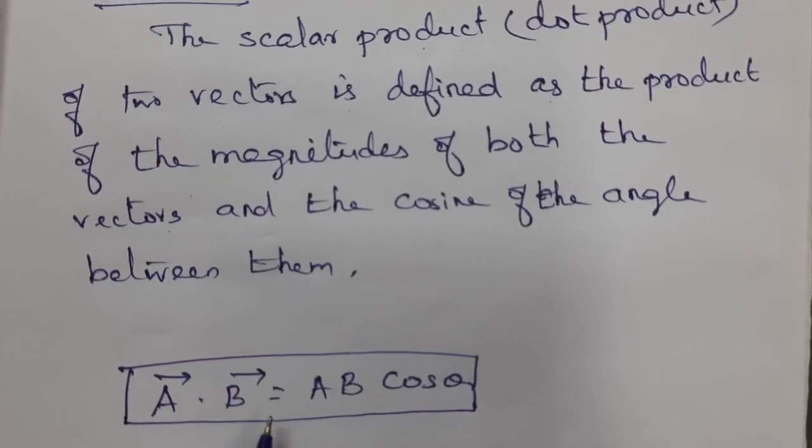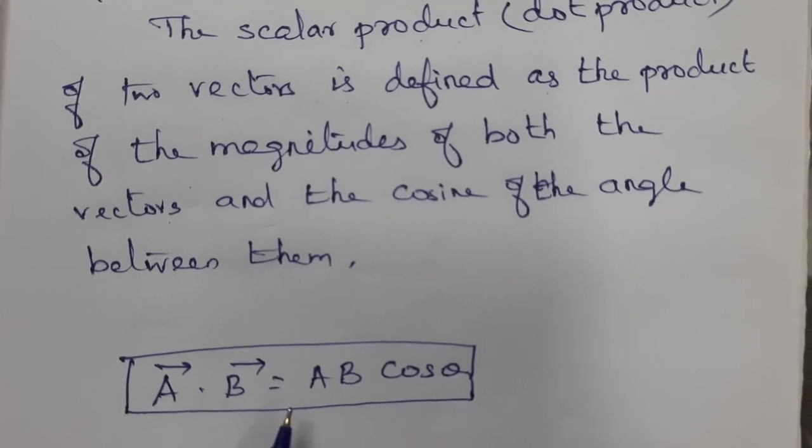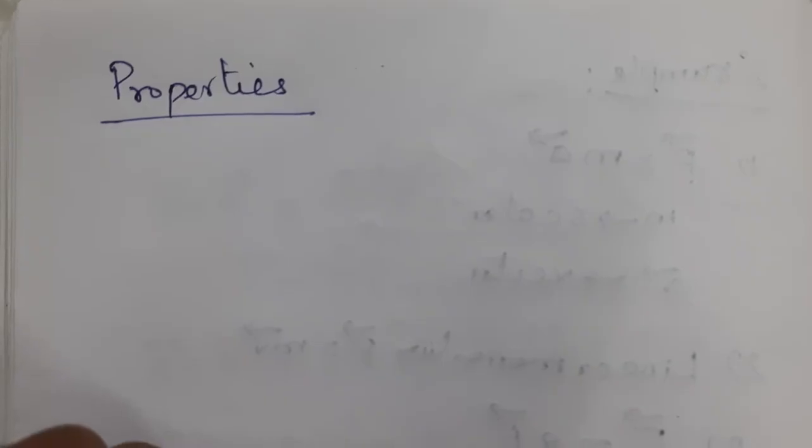This is known as the scalar product. So A dot B equal to AB cos theta.